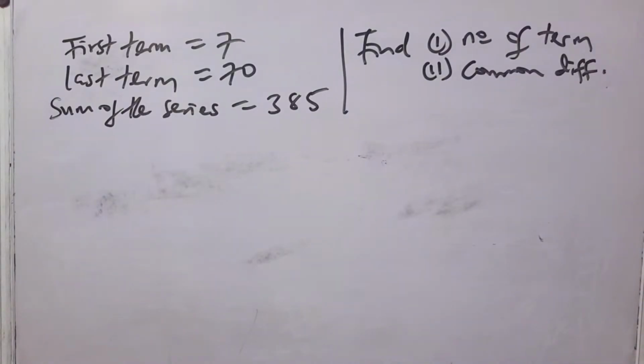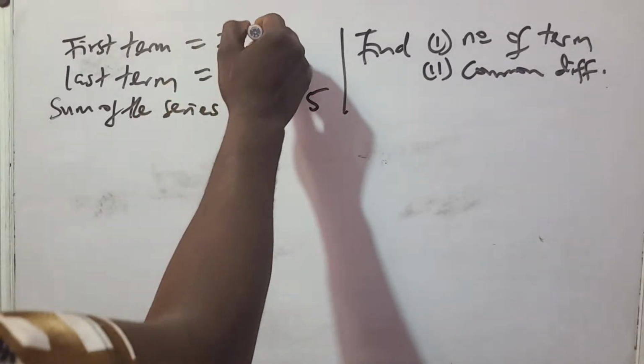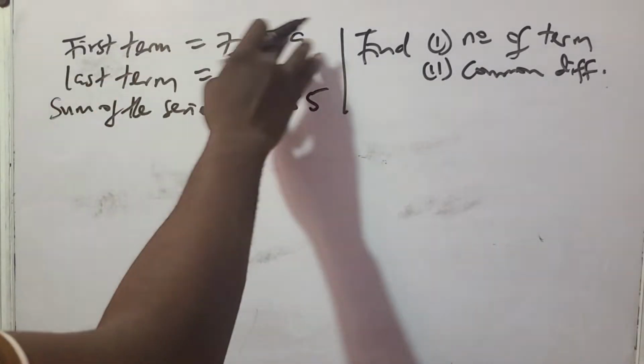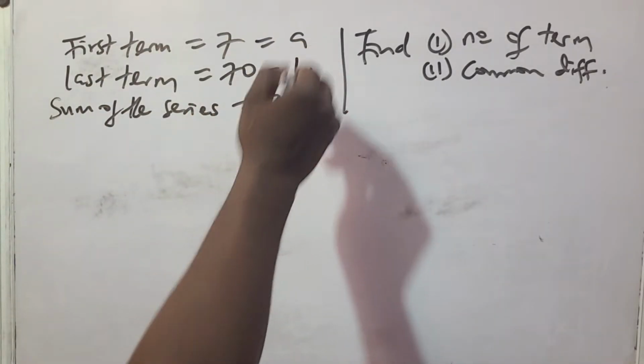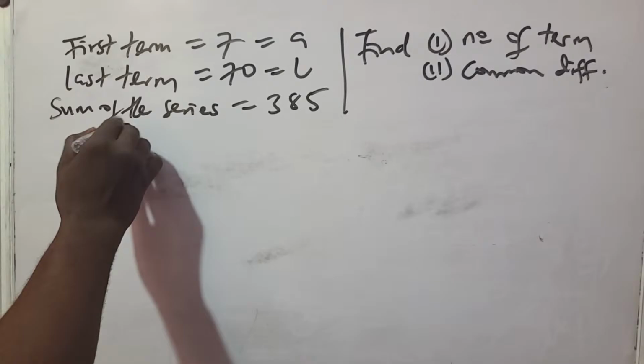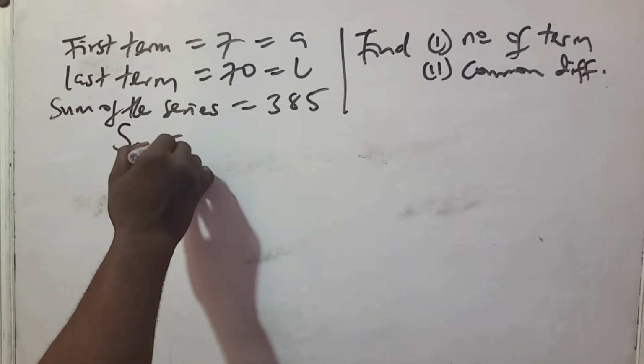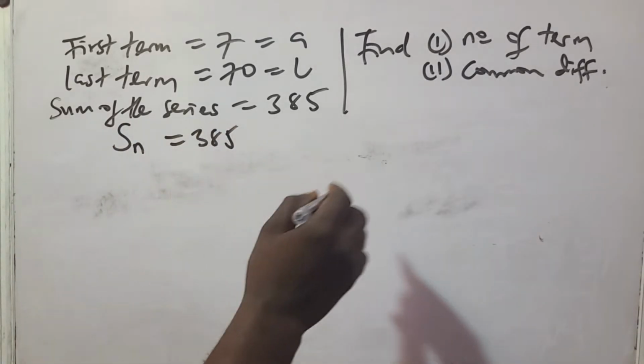It's a very simple question. You're not supposed to use a long time in solving. So number one, the first term we denote as A, the last term we denote as L. The sum of the series, Sn, was given as 385.